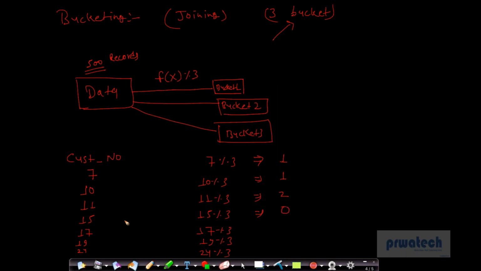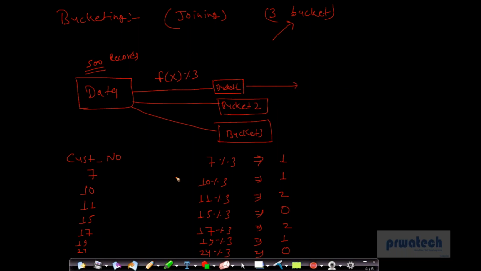So 0 is the remainder. Then 17 mod 3: 3 goes 5 times, 17 minus 15, 2 is the remainder. Here 1 is the remainder. Here completely divisible, 0.